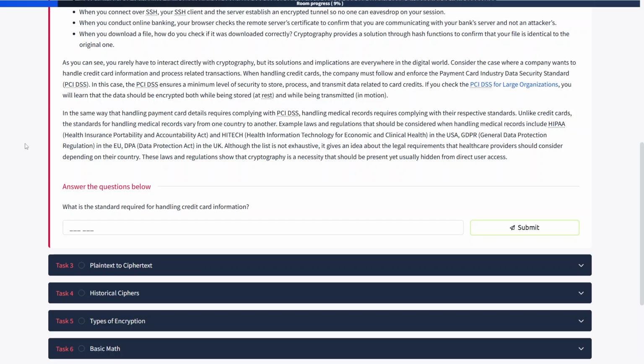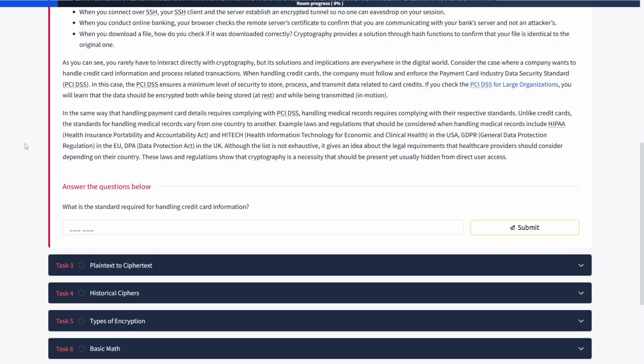Unlike credit cards, the standards for handling medical records vary from one country to another. Example laws and regulations that should be considered when handling medical records include HIPAA, Health Insurance Portability and Accountability Act, and HITECH, Health Information Technology for Economic and Clinical Health in the USA, GDPR, General Data Protection Regulation in the EU, and DPA, Data Protection Act in the UK.